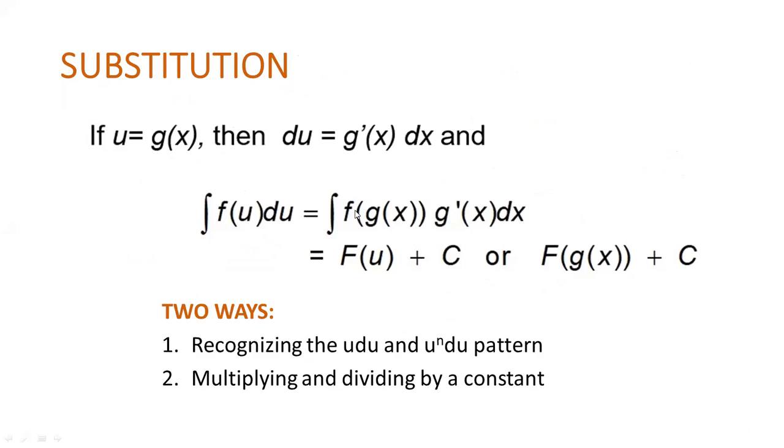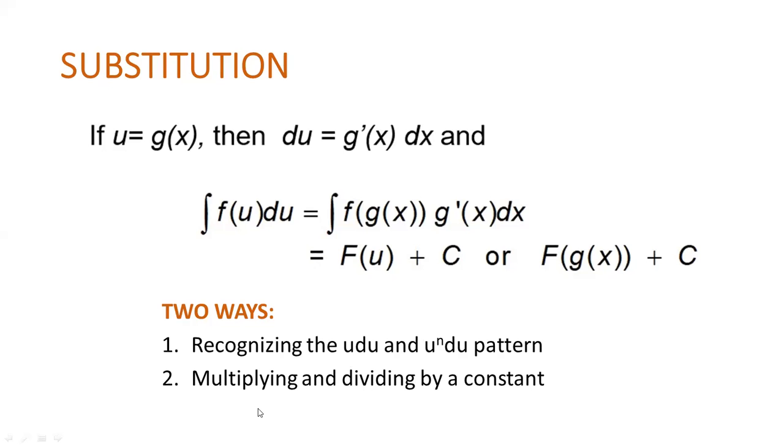So f of g of x, g prime of x, meaning the derivative of whatever is in the function, will lead you to using the power rule. So recognize the u du and the u raised to n du pattern, which I have shown to you in the other way of solving example number 4.